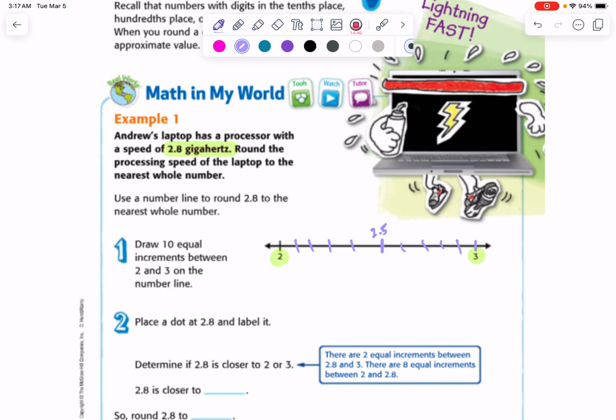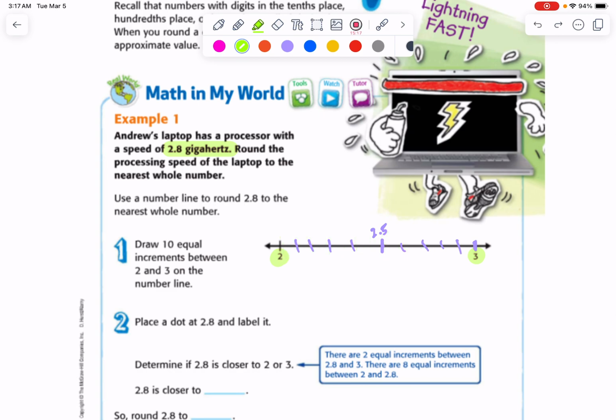Okay? Notice that I really only drew 9 lines because my 10 was right on the 3, but that should make 10 equal spaces. Let's double check that. 1, 2, 3, 4, 5, 6, 7, 8, 9, 10. There we go. Okay, so if you draw one less line than the number of spaces you actually want, it'll work out perfectly.